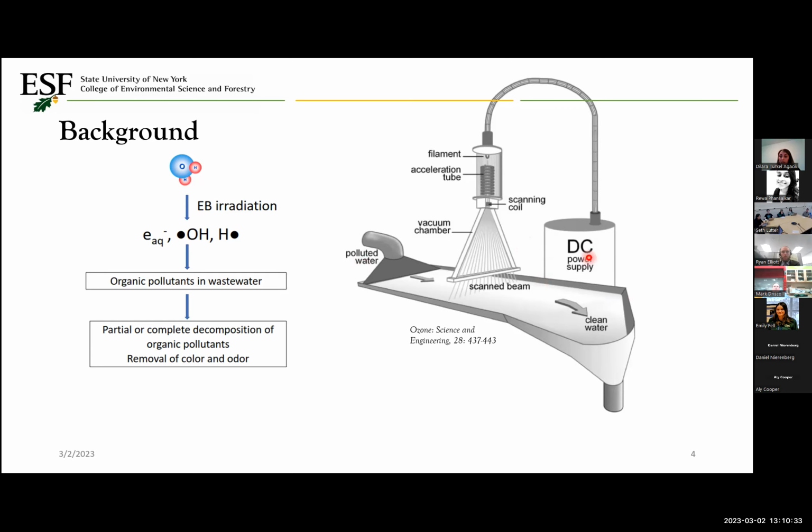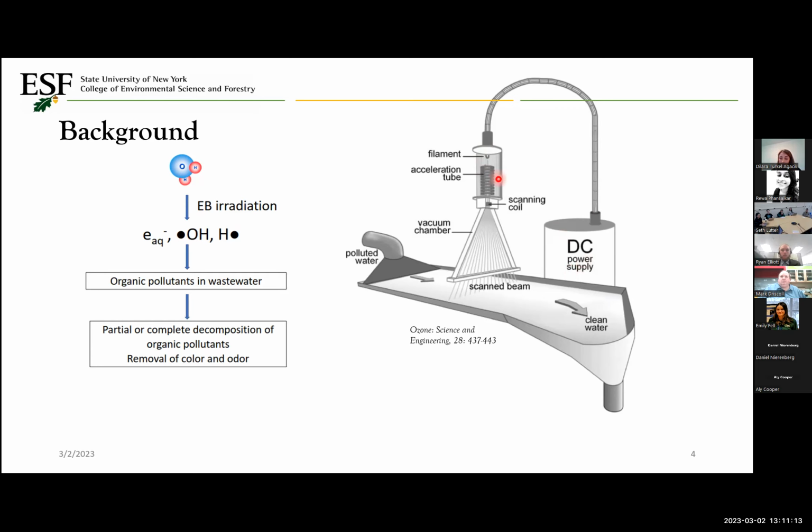In the image shown on the right, there is a schematic view of an electron beam accelerator in wastewater treatment plants. The E-beam originates from a heated filament, which is under high voltage from the power supply. It is focused and accelerated within an evacuated acceleration tube, reaching an energy corresponding to the output voltage of the power supply.